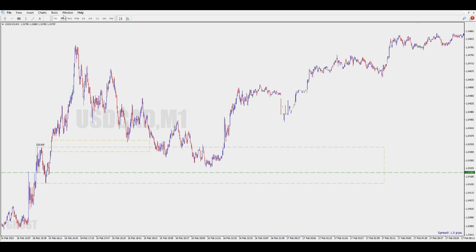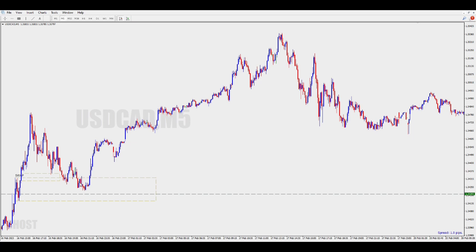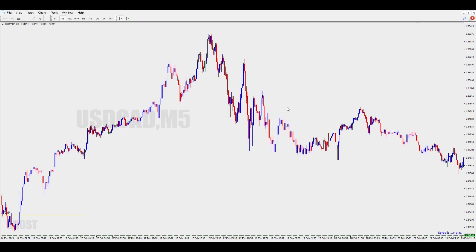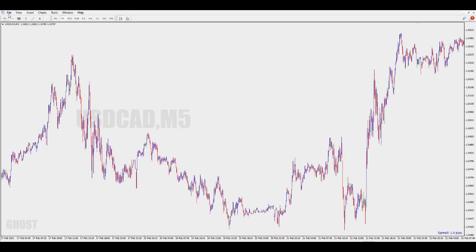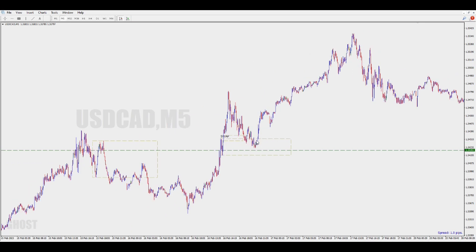So you need to also realize that if you're trading a specific strategy, you need to adhere to the rules of it, so that you don't get losses pretty much. If you take these types of trades, yeah, this trade worked.